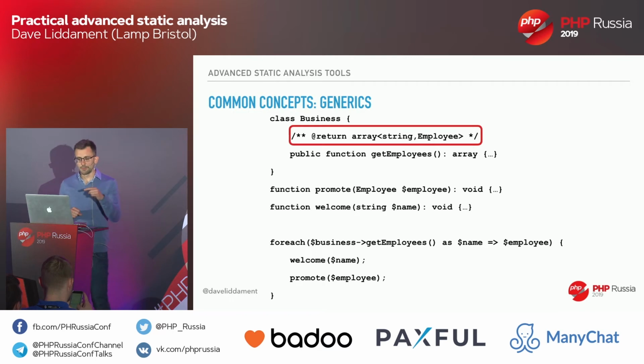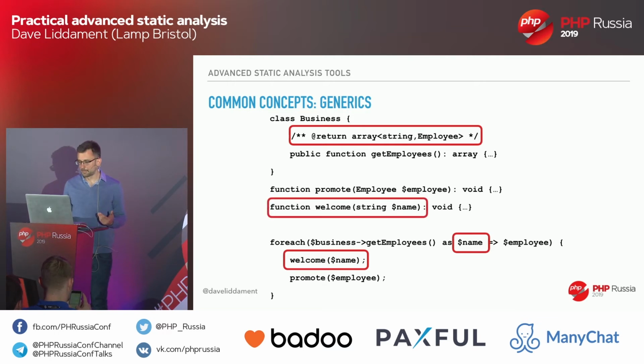And again, Psalm will look at what's going on inside getEmployees, and if we ever try to add something to the array we return where the key is not of type string, it will tell us that. But also it means we know that name down here is of type string, so when we call welcome, we're calling it with a string.